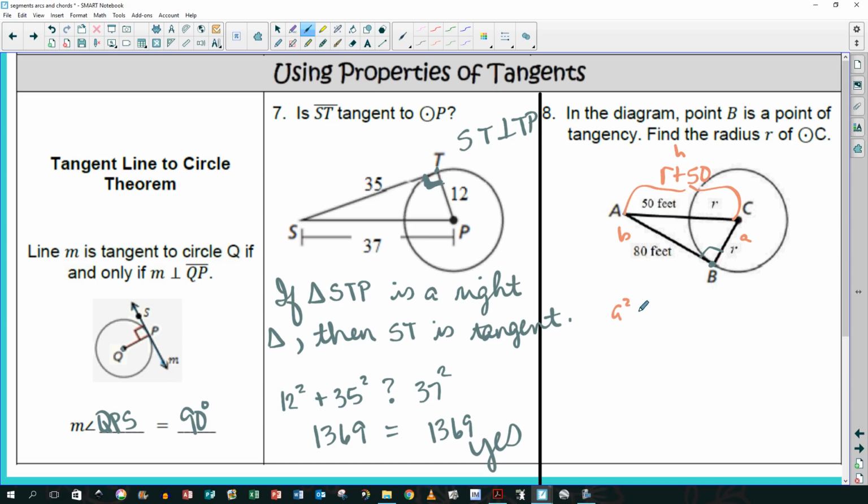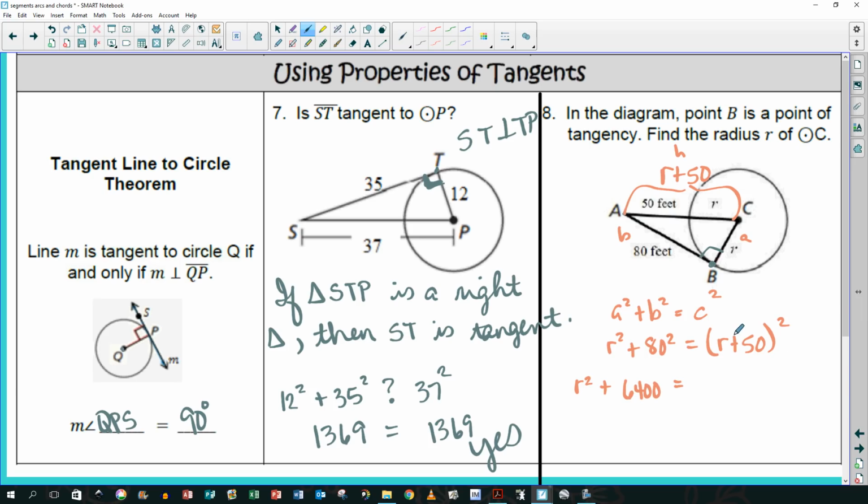So A squared plus B squared equals C squared. Well, A is R, so R squared, plus B is 80, and C is R plus 50 squared. So here, we're going to have to go through and do some FOIL. So we got R squared plus, well, 80 squared is 6,400.